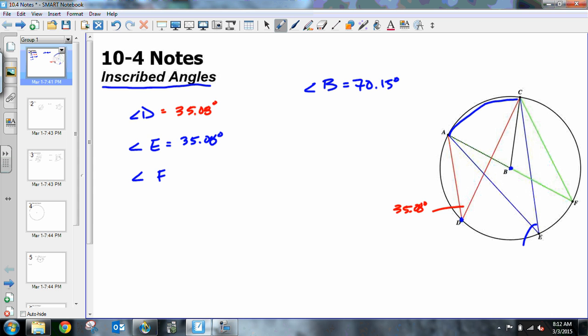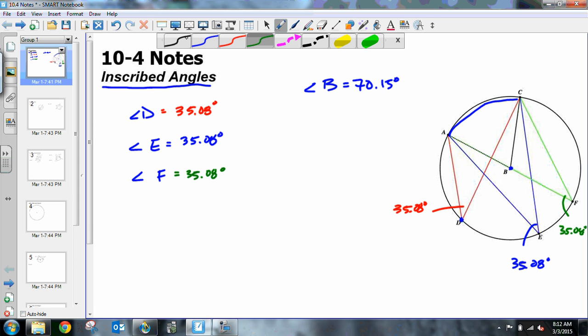And then angle F we found to also be 35.08 degrees. Wow. So this angle here was 70.15 degrees.